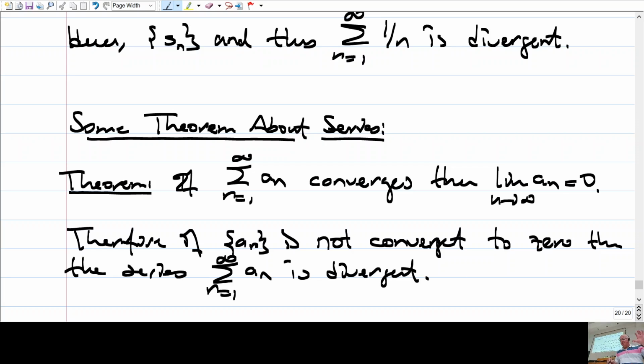So for a series to be convergent, one must have the limit of a_n equals 0. Okay, so if the limit of a_n doesn't exist, or if it exists but is not equal to 0, then there is no way this series will be convergent. Okay, and that's called the n-th term test.